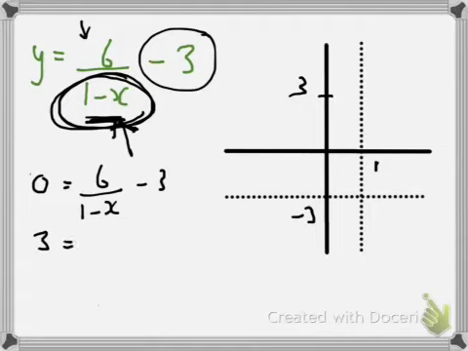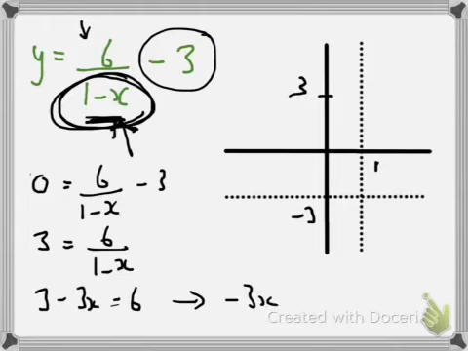Negative 3 goes to the other side and we get 3 equals 6 over 1 minus x. Multiply the left by 1 minus x, we get 3 minus 3x equals 6. Take the 3 over to the other side, we get negative 3x equals 3, so x equals negative 1. So our x-intercept is going to be negative 1.